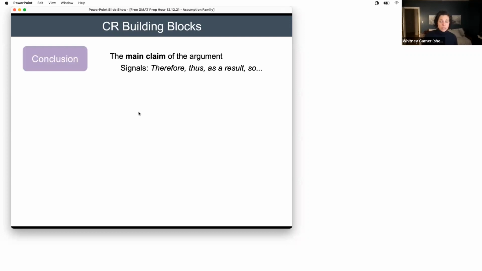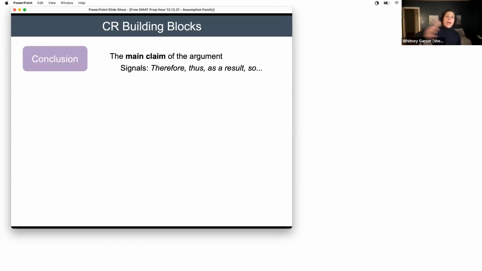In the world of critical reasoning, in order to build an argument, I need a conclusion. I have to believe something. I need to try and sell you something. And so our conclusions are the author's main and primary claim. It's what the author wants us to believe, often signaled with words like therefore or thus, as a result, and so.